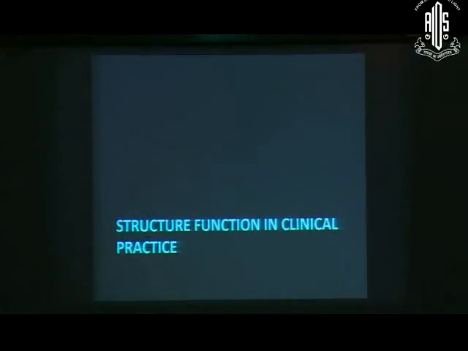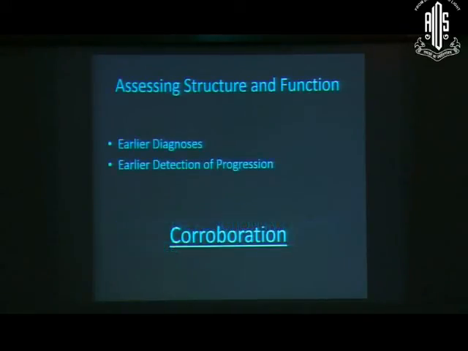I always like to point out that there are more normals than glaucoma patients. So even if you have a test with a 95% specificity, you will still have a 5:2 probability that the patient is normal rather than glaucoma. So keep that in mind as such.